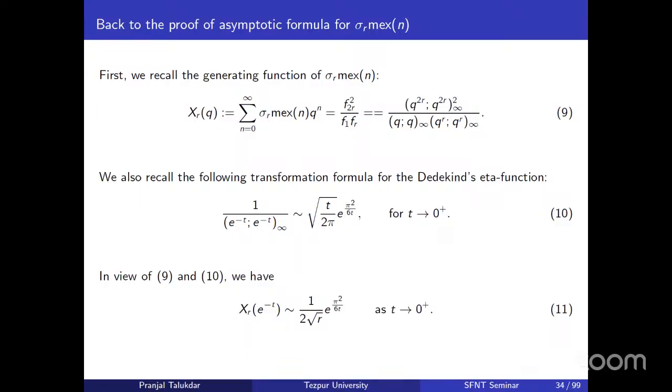So when we replace q by e to the power minus t in this, and we take t tends to 0 plus, then from this transformation formula we simplify it, and we observe that this is actually asymptotic to 1 by 2 to the 2 root r, e to the power pi square by 6r.